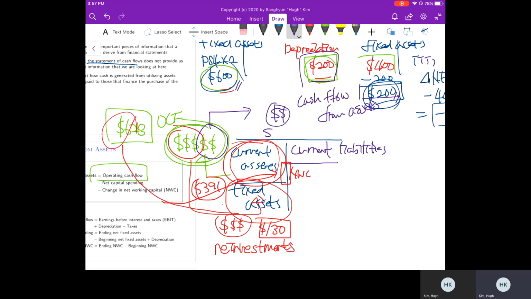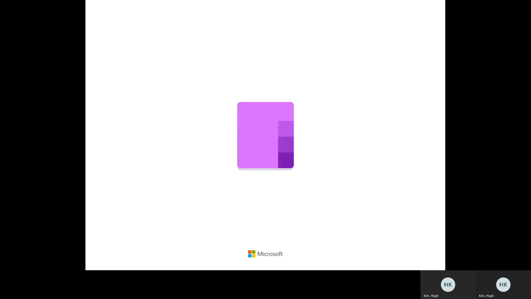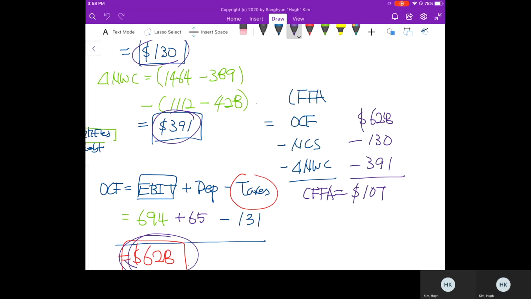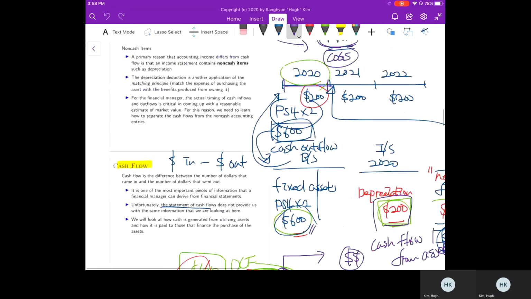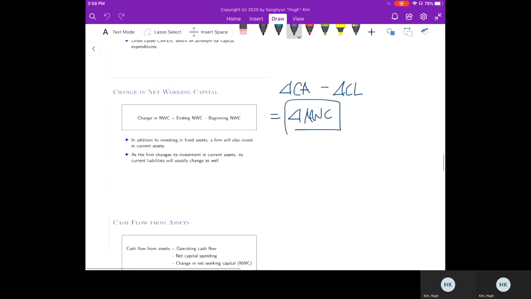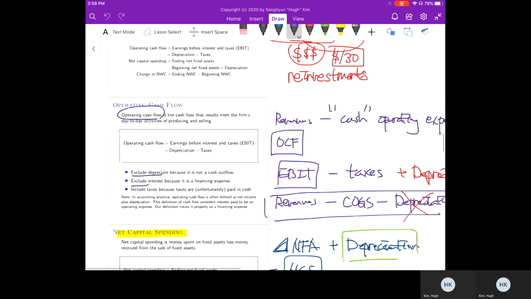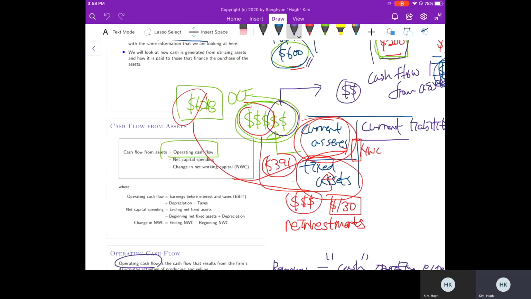So the remaining $107, which is cash flow from assets.